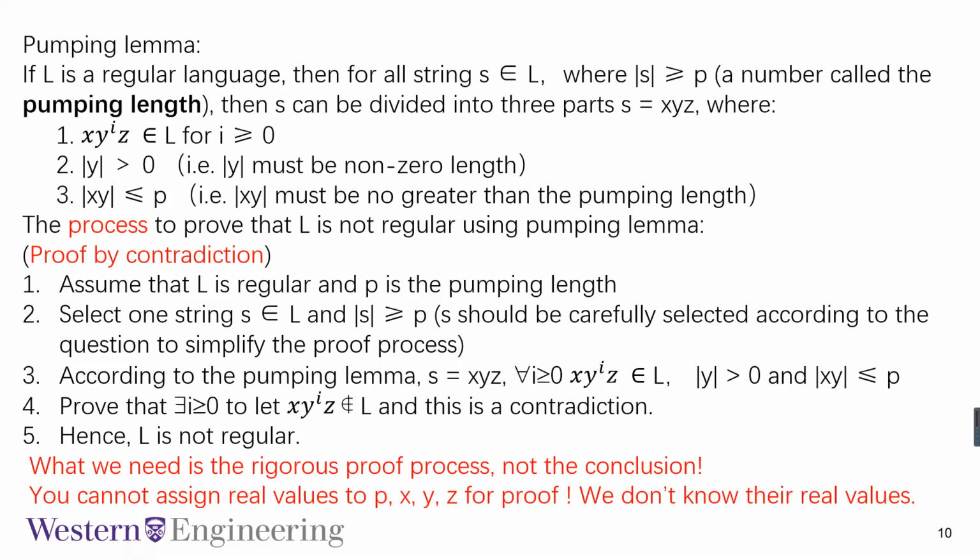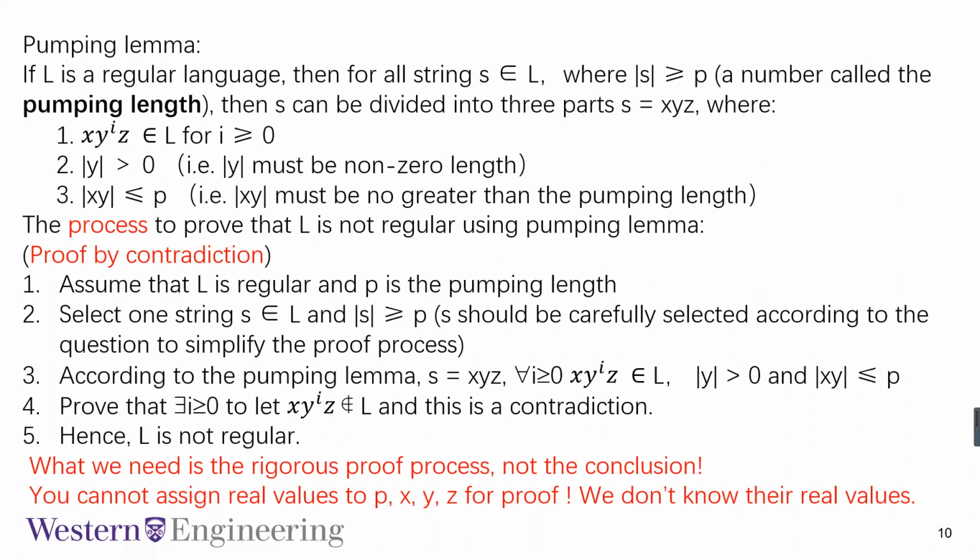The fourth step is to prove that there exists one i such that X Y to the i Z doesn't belong to L, and this is a contradiction, and hence L is not regular.